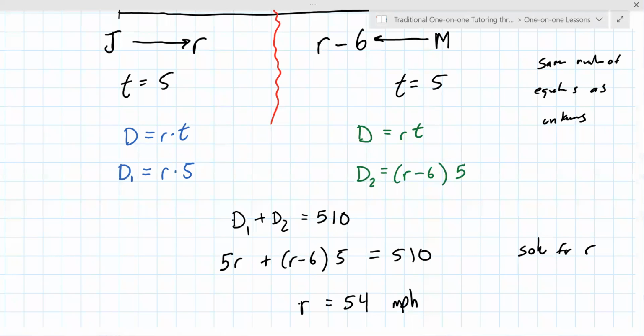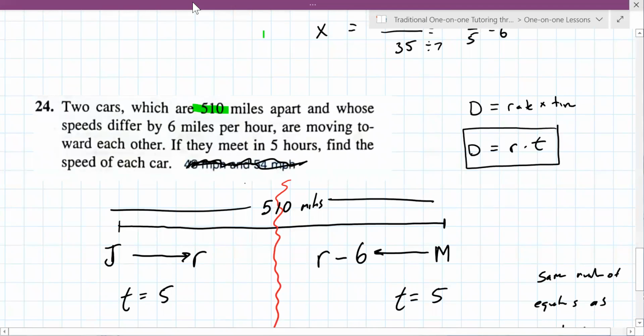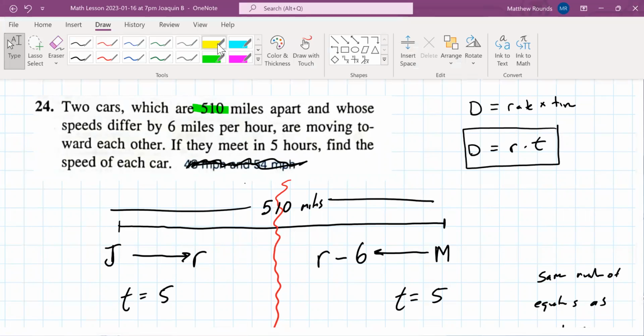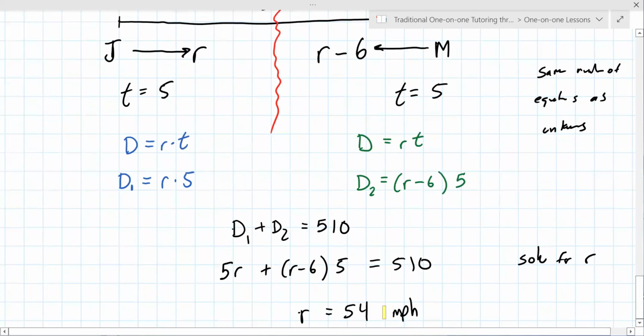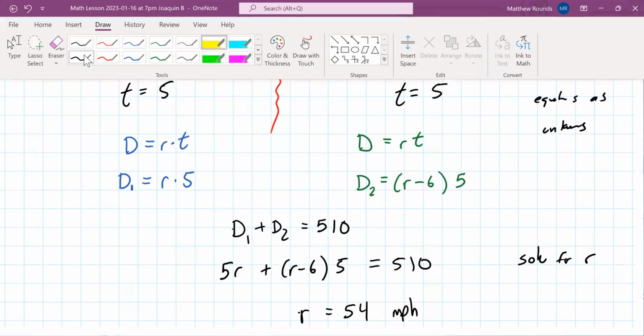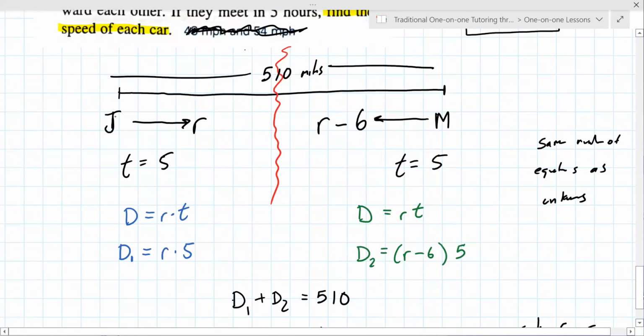Now, the other thing to pay attention to, this truly is like your standardized test question. You've got to figure out what they're asking for, and they want the speed of each car. So you have half the answer. What I also don't know, if I'm grading you, is have you clearly said that this is Joaquin's speed?